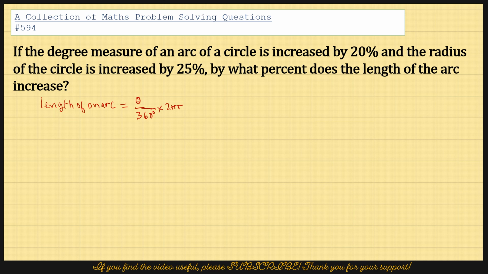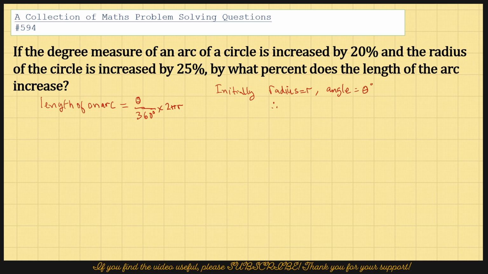So in the first case, if we say initially, the radius equals r, angle equals theta, and that's in degrees.